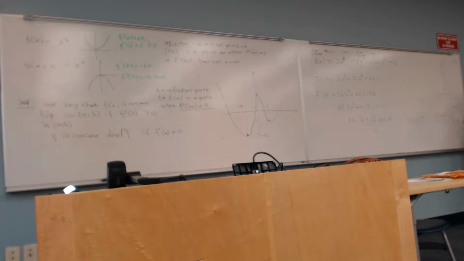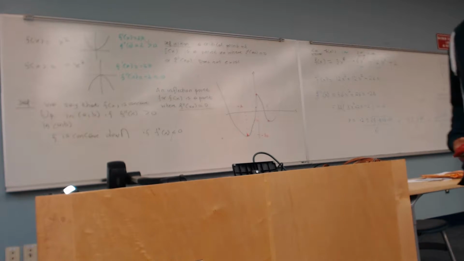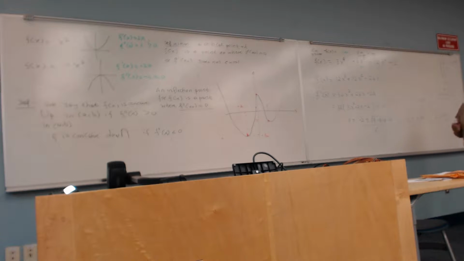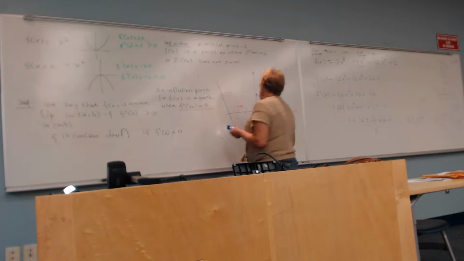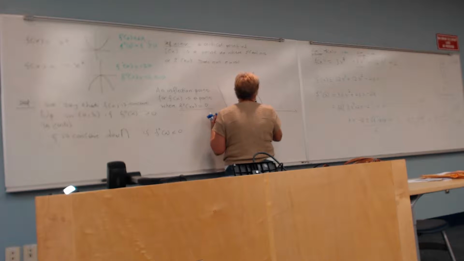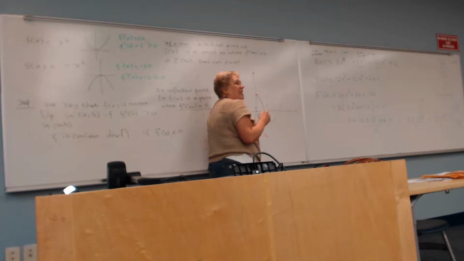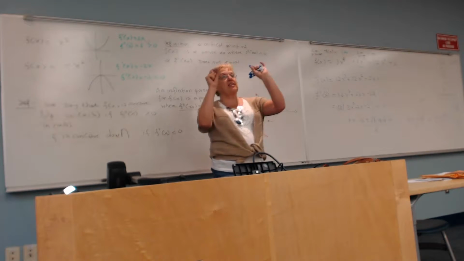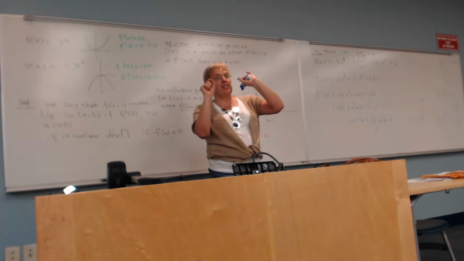Because if instead of 7 we had 9, then that would be minus 1 minus 3 divided by 3, so minus 4/3, right? It's a little bit less than minus 1. So here is the negative inflection point.